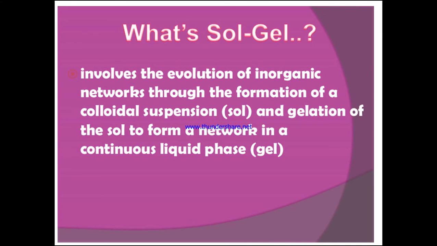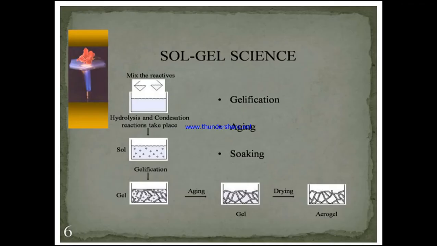From that gel we are going to get the nanoparticles. So from this continuous liquid phase we are going to extract the nanoparticles, with another process for the extraction of the nanoparticles from the gel.